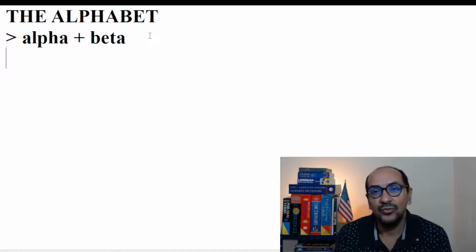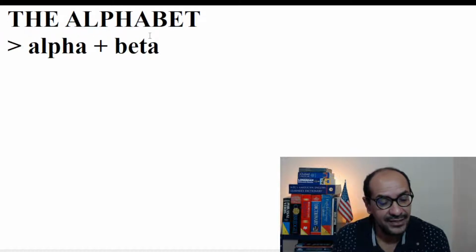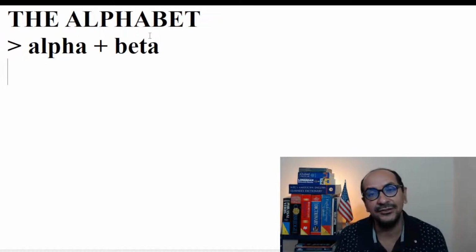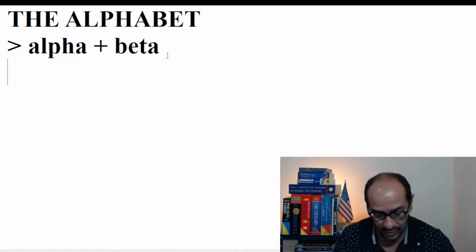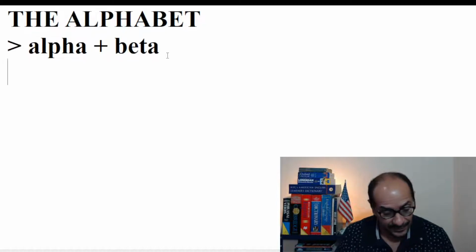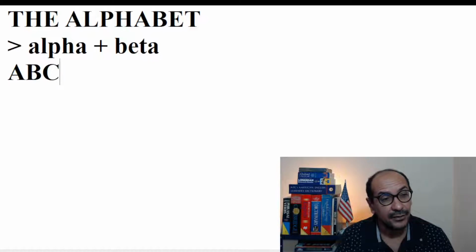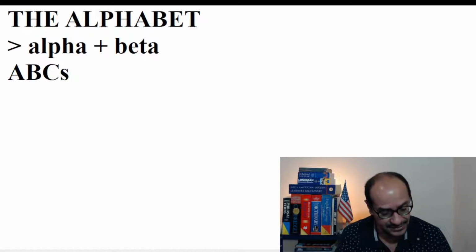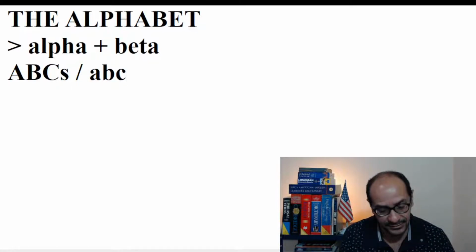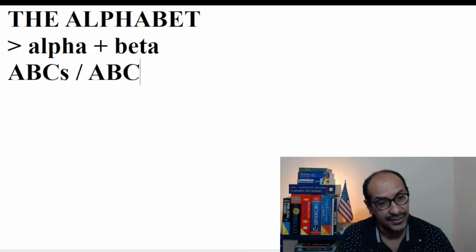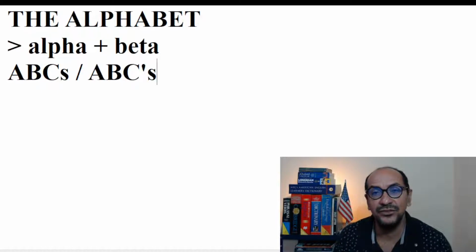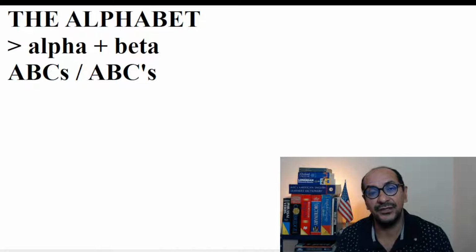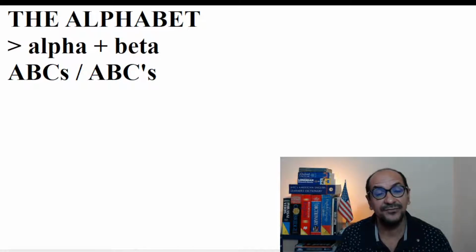When you put the two words together, we have in Portuguese, in English, and some other languages what we call the alphabet. Some other people prefer to call them the ABCs, sometimes with the apostrophe, sometimes without. It's just a matter of choice.